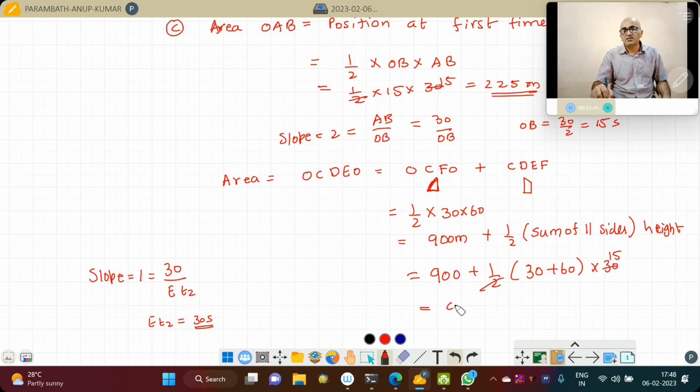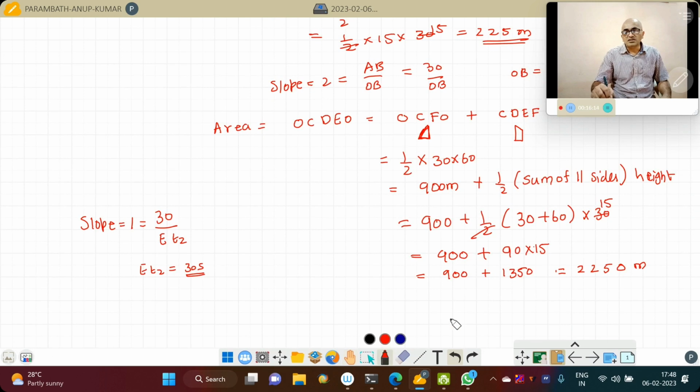So I have 900 plus 90 into 15, that is 900 plus 1350. This sum comes out to be 2250 meters, or I can say that this is 2.25 kilometers.